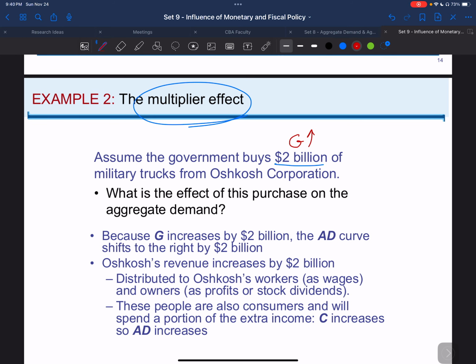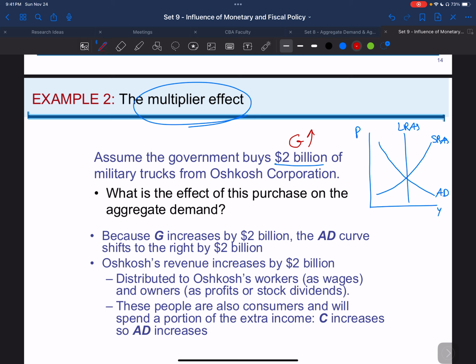This is an increase in the amount of G. So because G increases by $2 billion, the aggregate demand will shift. So short run aggregate supply, aggregate demand, long run aggregate supply, price, and the output.